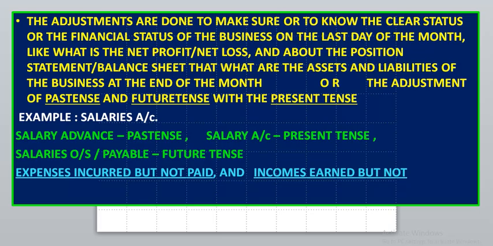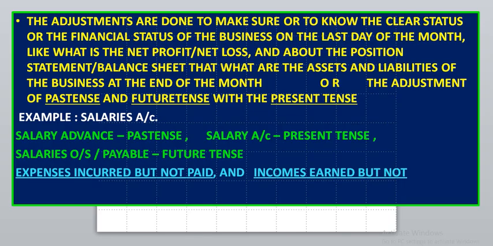You can also understand the adjustments as the adjustment of past tense and future tense with the present tense. For example, we'll take the salaries account.